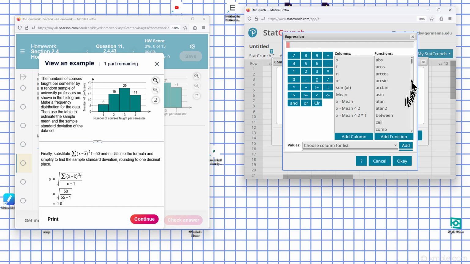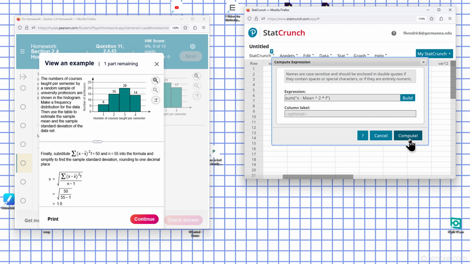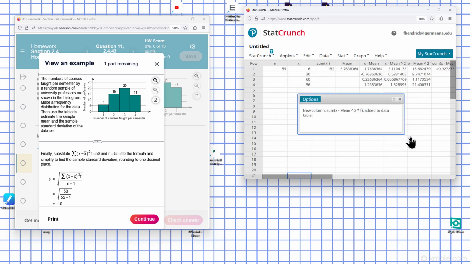I want the sum of the squares times f, so I need the sum function. And you see the result I have is 49.92.